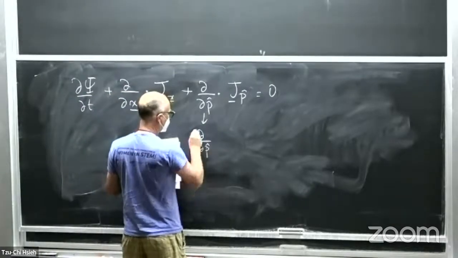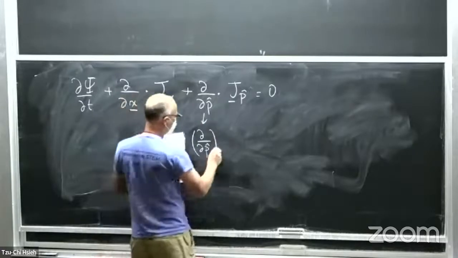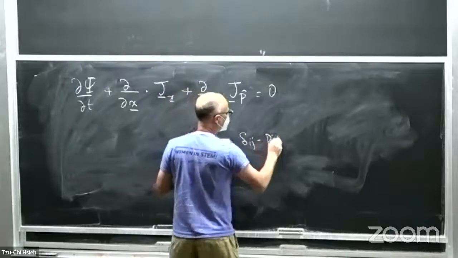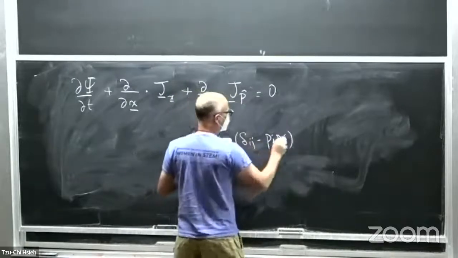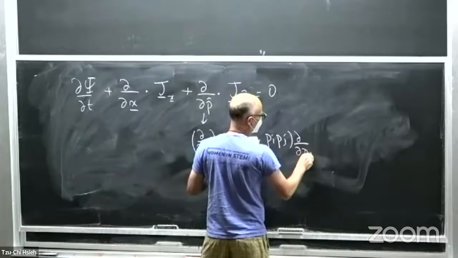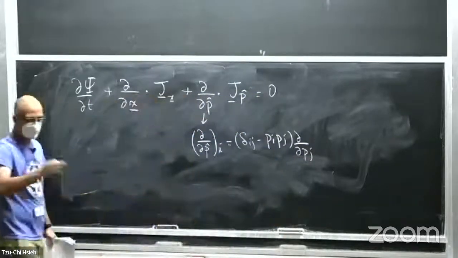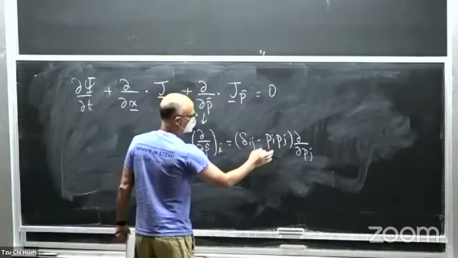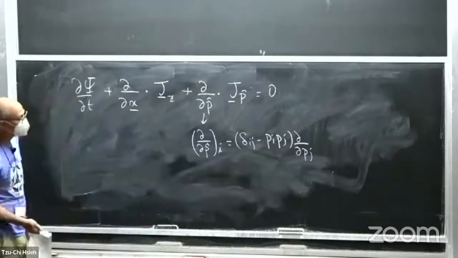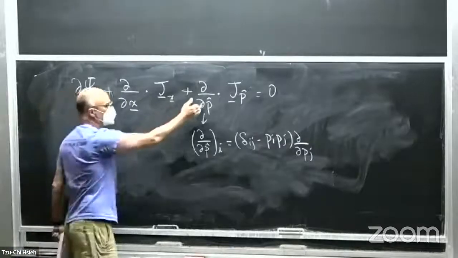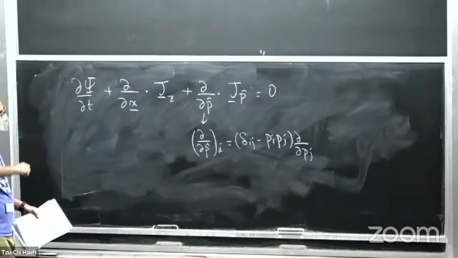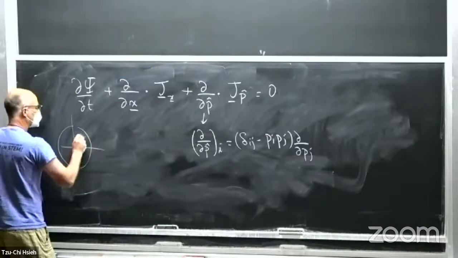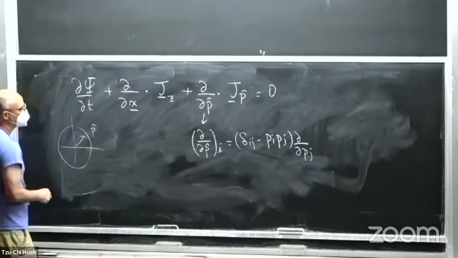What I mean by that symbol here, it has to be something that when I dot p into it, I get 0. So I'm going to treat p as if it were just a 3-dimensional vector without any constraints and put that projector out in front of it. That's what I mean by this symbol. It's just a derivative on the surface, the tangential derivative on the surface of the sphere.